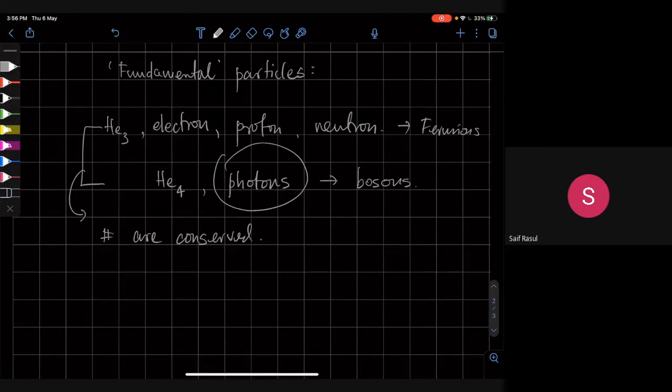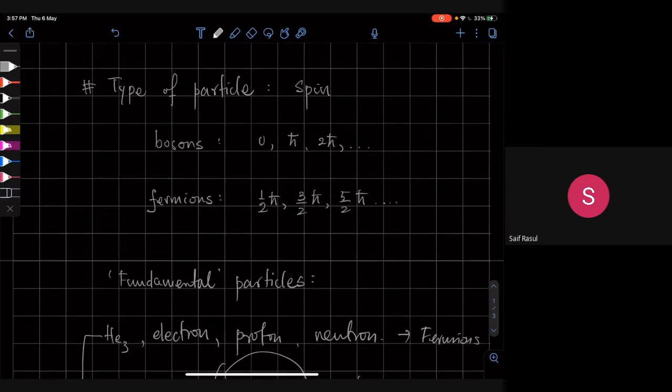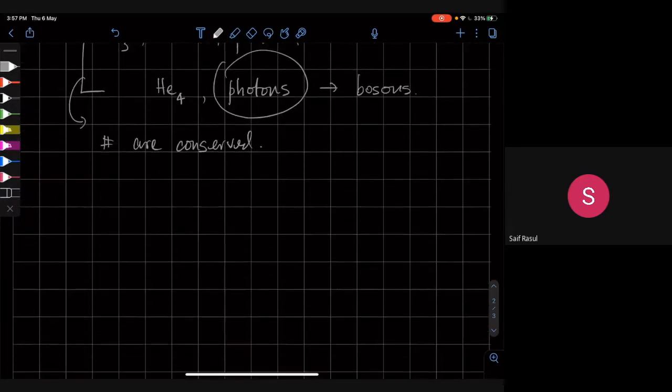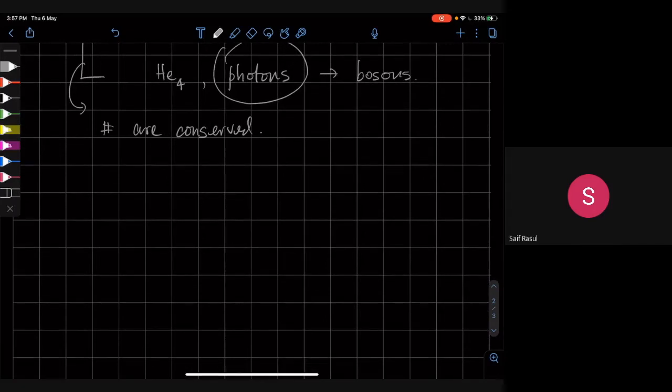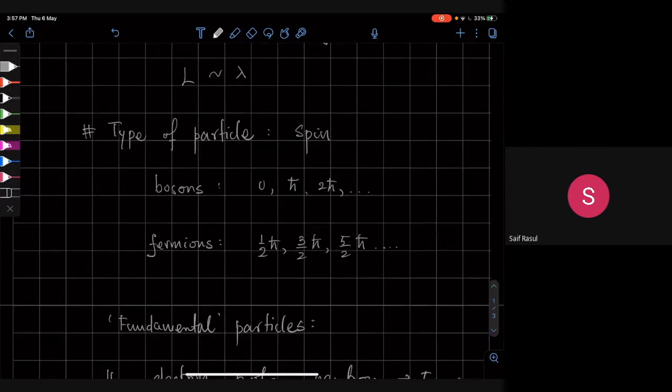So you cannot control the number of photons by introducing a chemical potential. So photons are a little bit different. So this is one of the factors we have to take into account: what type of particle do we have?